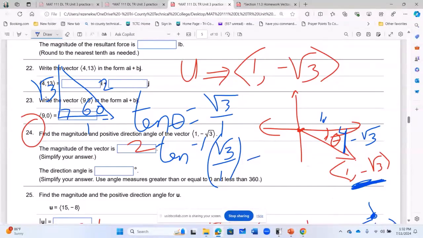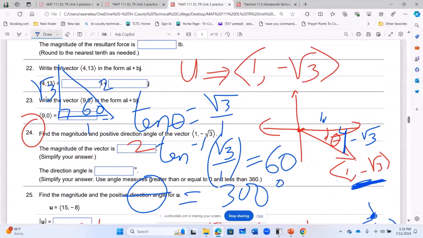So this angle is 60 degrees. And since this angle is 60 degrees, the positive angle in the counterclockwise direction is 360 minus 60, which is 300. So the angle in question in positive direction is 300. So the direction angle is 300.